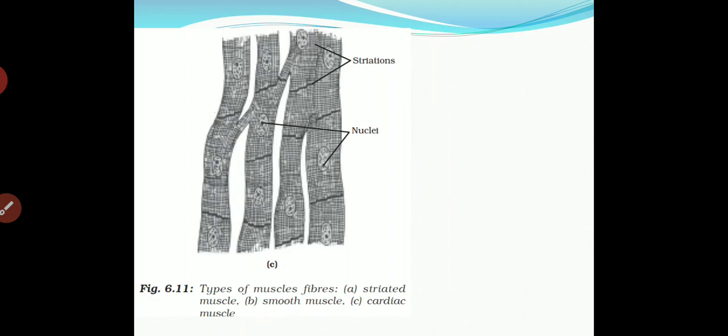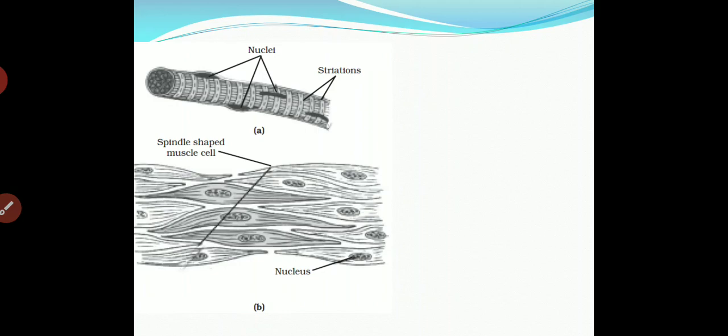Now the third is cardiac muscle. In cardiac muscle you can see that striations are present and nuclei are present. So one by one: in the first, striated muscle, nuclei are present in between and striations are present.